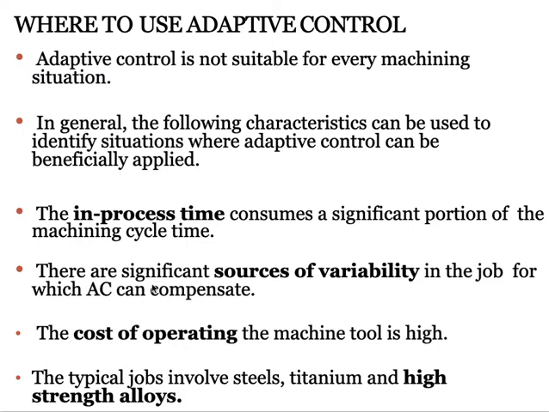And there are significant sources of variability in the job which AC can compensate. In essence, AC adapts speeds or feeds to these variable conditions. The cost of operating the machine tool is high, and the typical job involves steels, titanium, and high strength alloys.